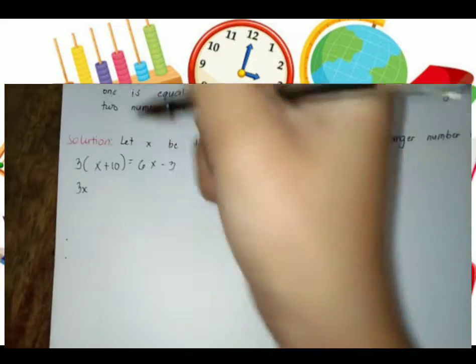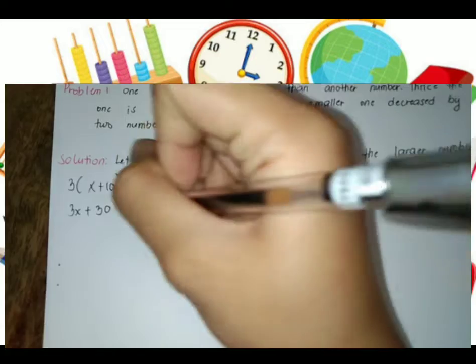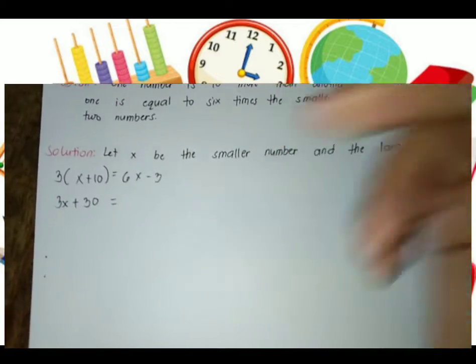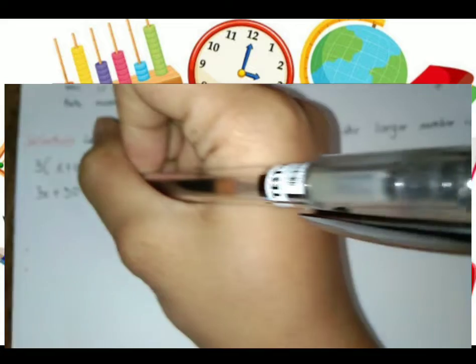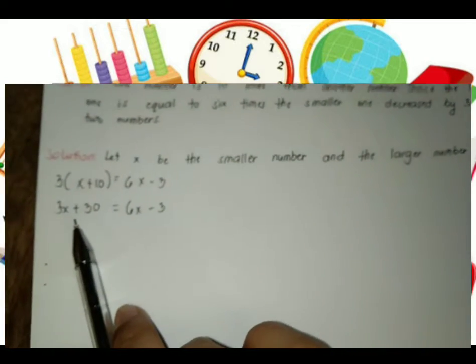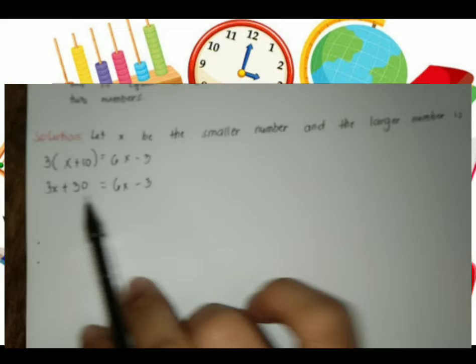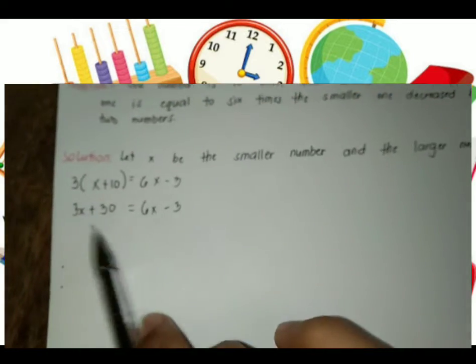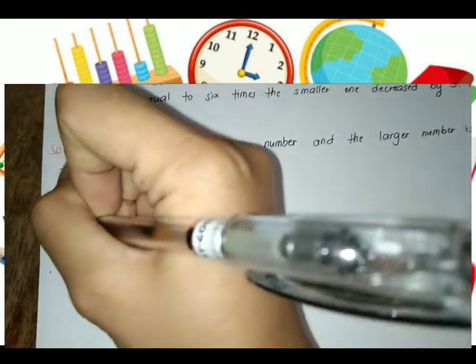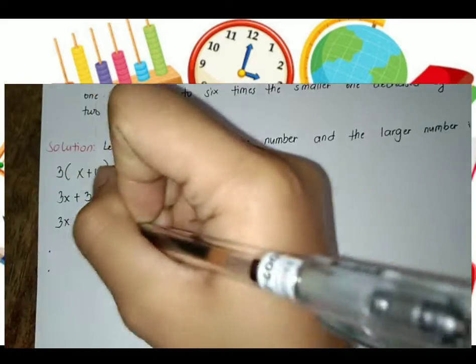We are going to simplify it. 3 times x is equal to 3x. 3 times 10 is equal to 30. So we bring down the 6x minus 3. Now we are going to move the 6x to the left side. So 3x minus 6x.